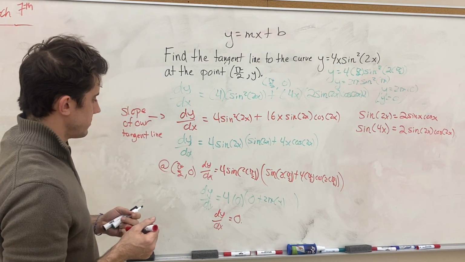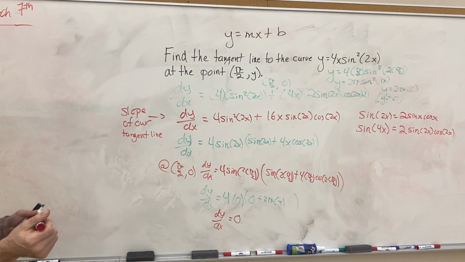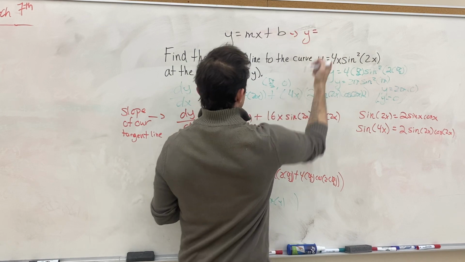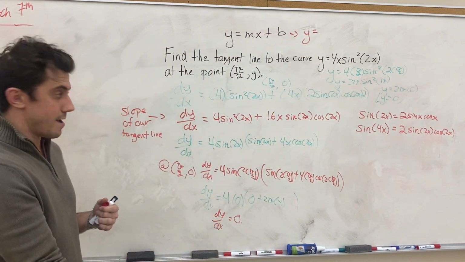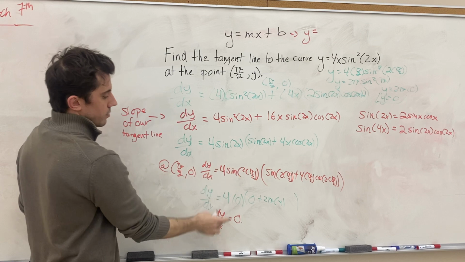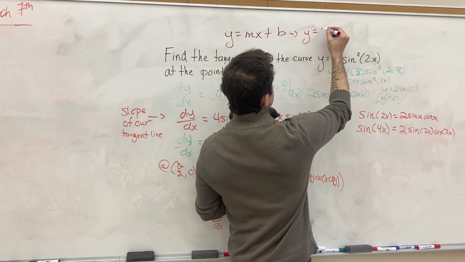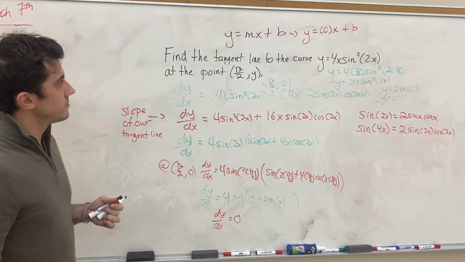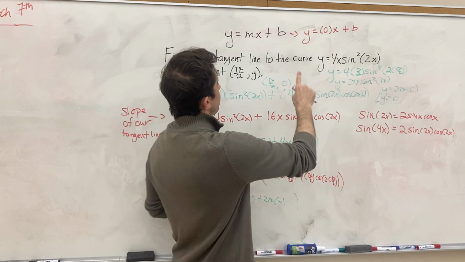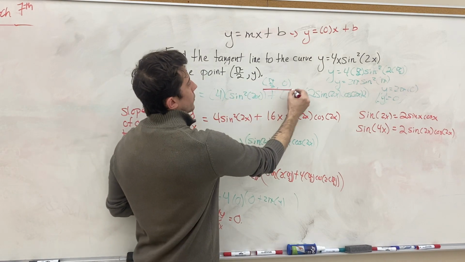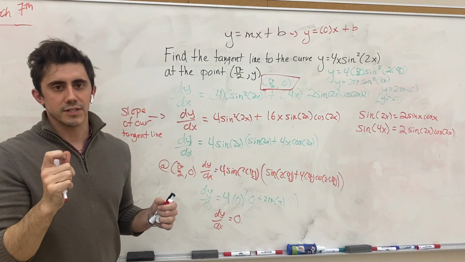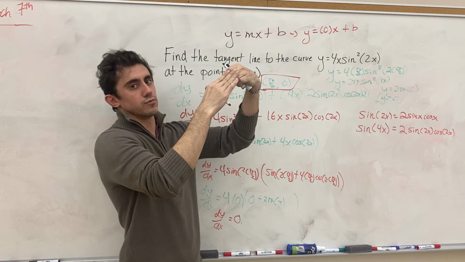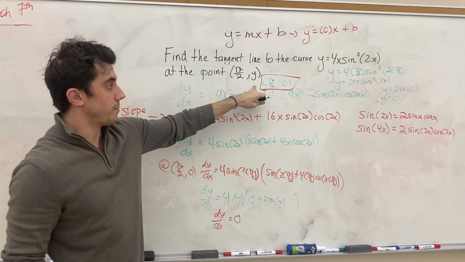So that means that our line, y equals mx plus b, in slope-intercept form, our slope m is 0. So we have y equals 0x plus b, right? So if we plug in the coordinates of the one point that we know that line is going to pass through, because it's tangent to the curve at that specific point, it's going to graze the curve and touch the point at pi over 2 and 0.